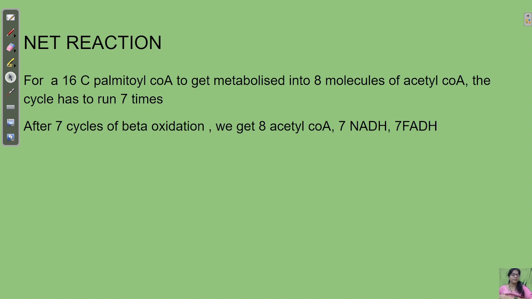Just now we have seen that one NADH and one FADH2 are produced for one cycle. So if this cycle is running 7 times, obviously it gives 7 NADH and 7 FADH2, with a net gain of 8 acetyl CoA molecules for one molecule of 16 carbon palmitoyl CoA. Hope you're clear with it.